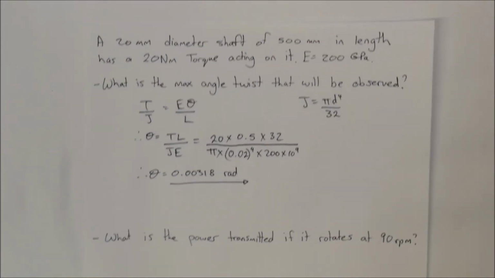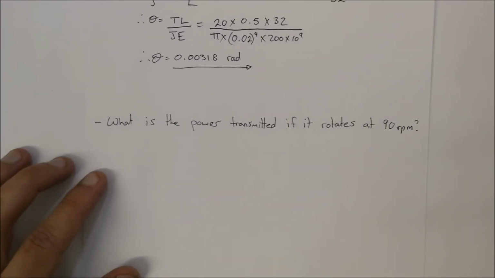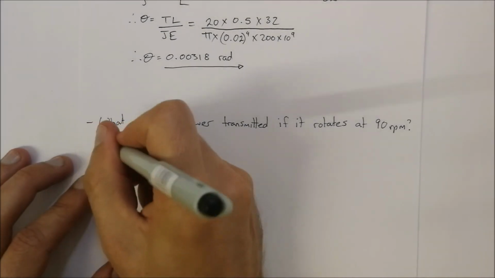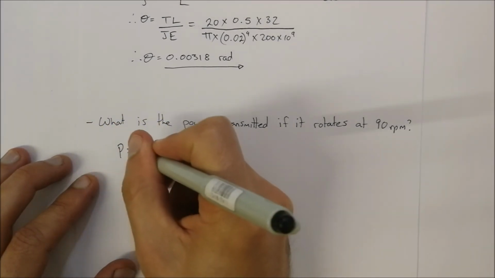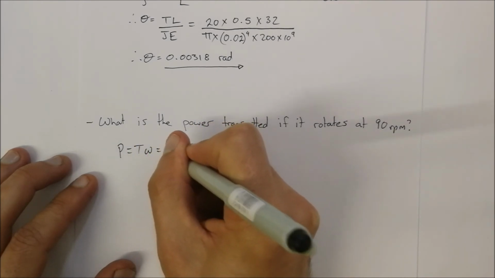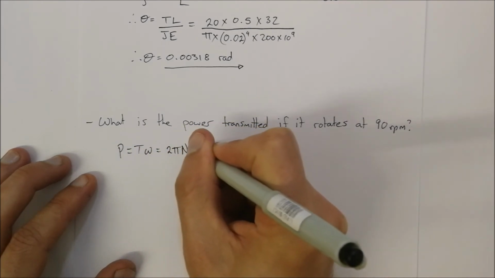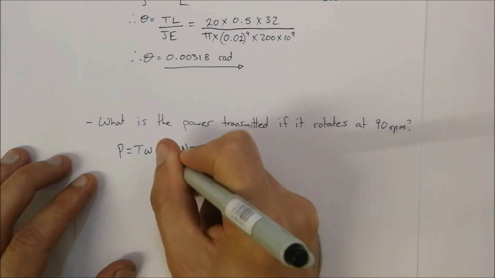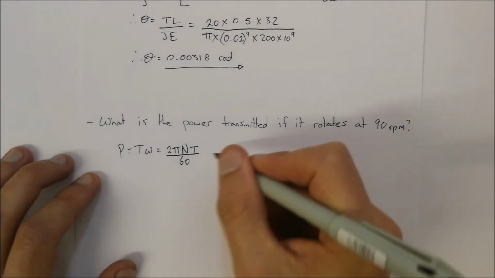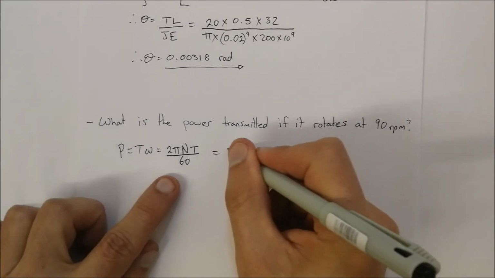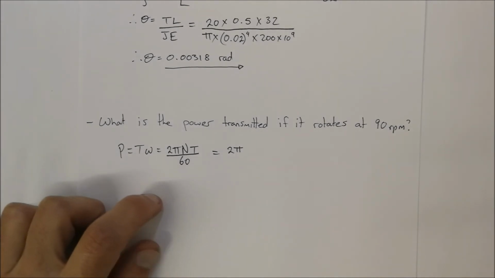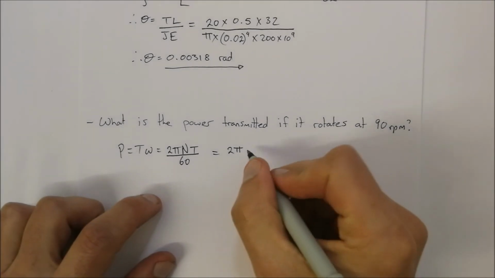Now that we've calculated that, what is the power transmitted if it rotates at 90 RPM? Well, power is equal to torque multiplied by omega, which is equal to 2 pi N multiplied by torque over 60. So that is equal to 2 pi multiplied by N. N is speed in RPM, so that's 90 RPM.